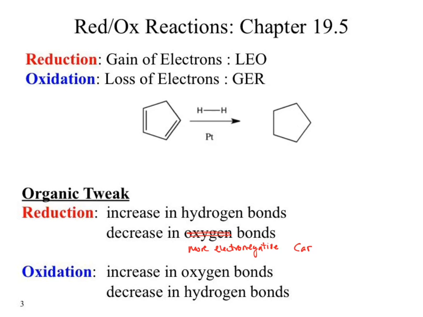Why are we looking at carbon? Because it's organic chemistry. What if we switch to a different field where we weren't looking at carbon? More electronegative than whatever that atom is, and it would still apply. Okay. For our oxidation reactions, we get an increase in bonds to atoms more electronegative than carbon. Kind of makes sense? Okay.